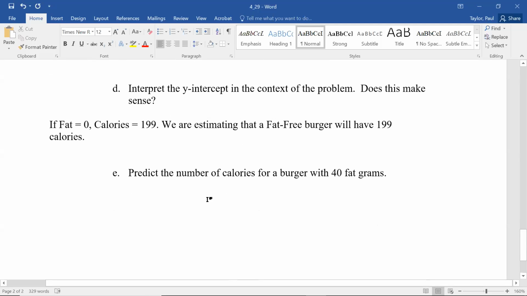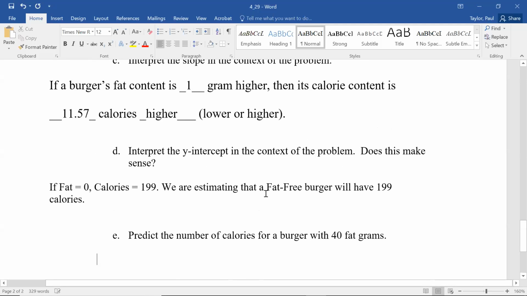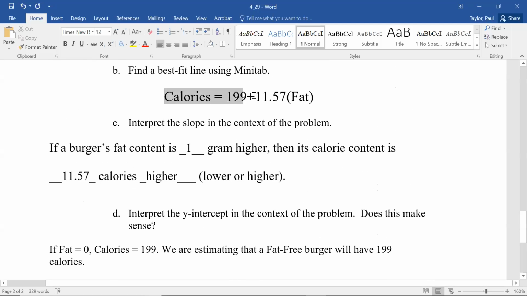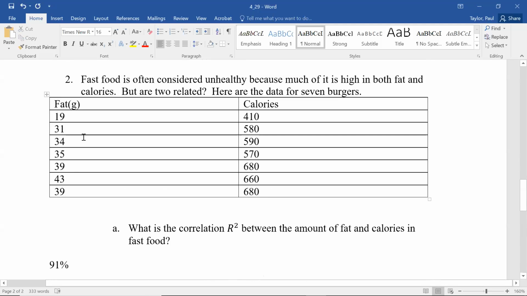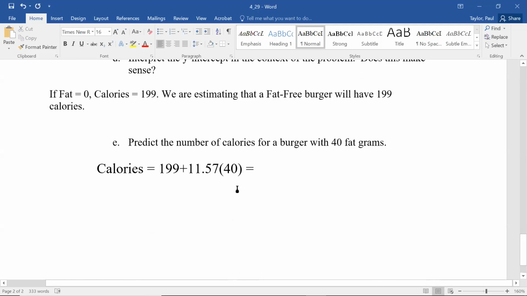Okay, predict the number of calories in a burger with 40 grams of fat. So we just have to take this formula up here and plug in 40 in the fat spot. Is that a big number? It's sort of in the middle of most of these, I guess.